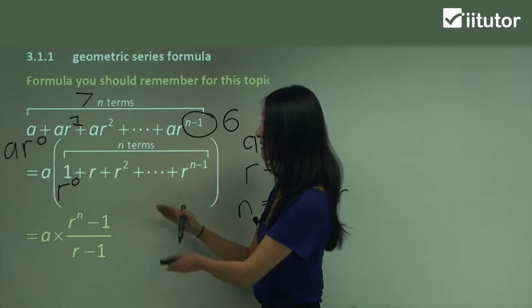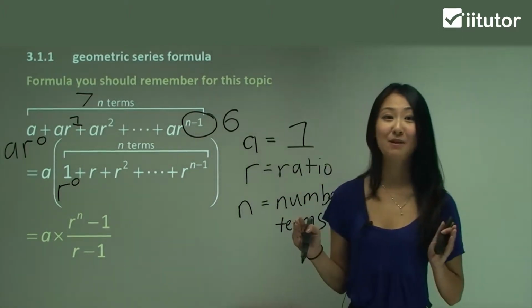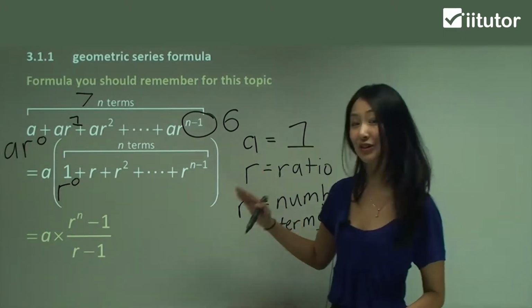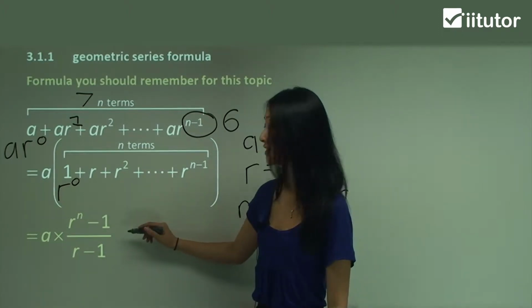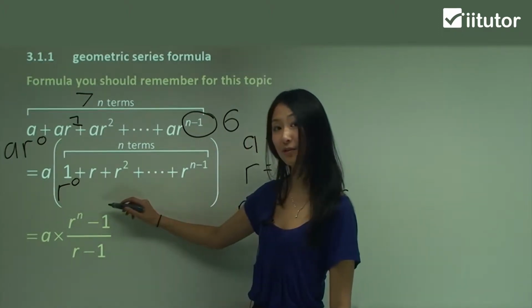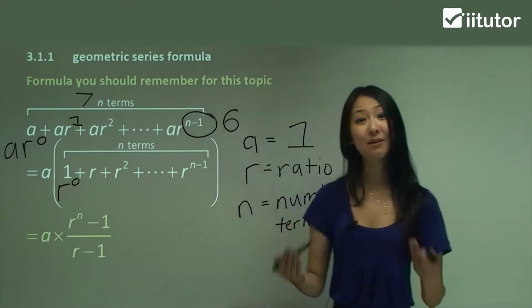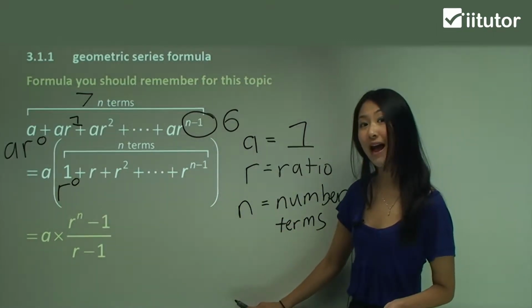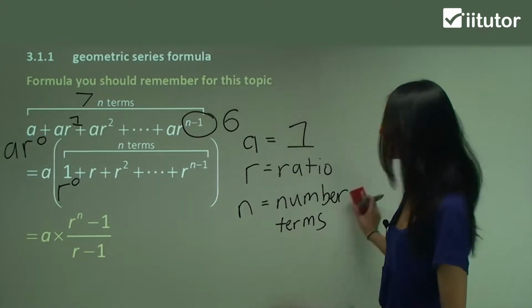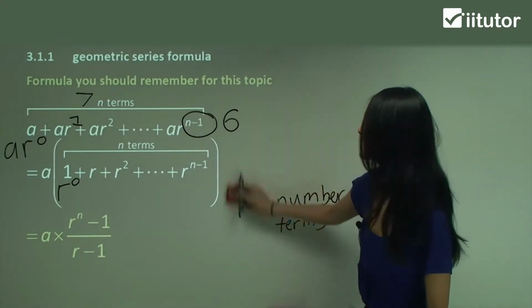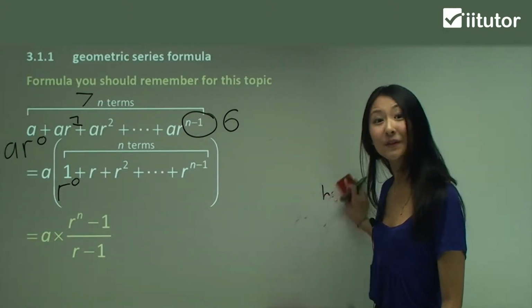Now this is the equation that I want you to just commit to memory and know off by heart. So you should know a, the first term, times ratio to the power of number of terms, minus 1, over r minus 1. Now, some of your textbooks may write this as 1 minus r to the power of n over 1 minus r. It doesn't matter, it's still the same.